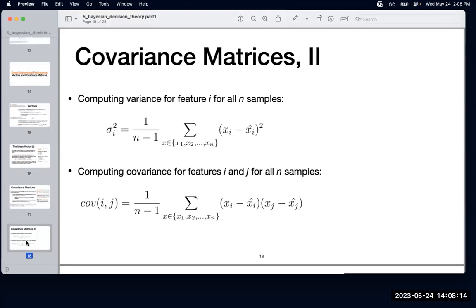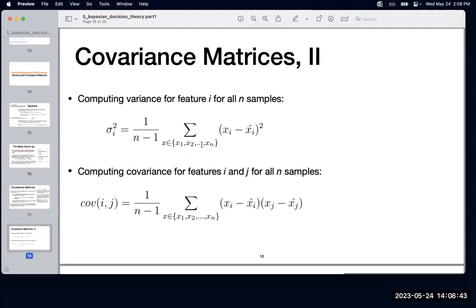The equation to have each covariance or each variance calculated is what you see here. So if I want to calculate a variance, this means that you are not really considering a pair of features, but actually one single feature. So then that's the equation that you would be using, and n represents the number of samples that you have. And this is just summing over all the samples.